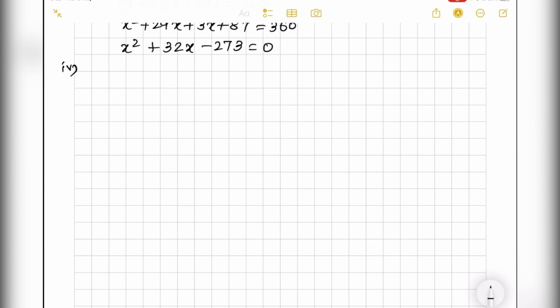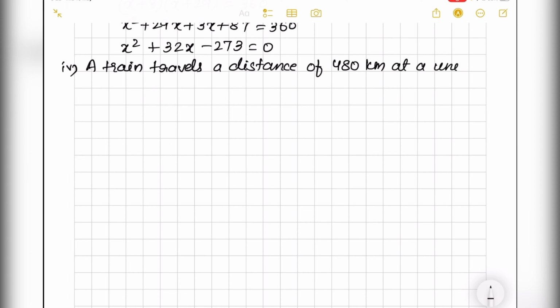Now fourth one is, he is saying a train travels a distance of 480 km at a uniform speed.